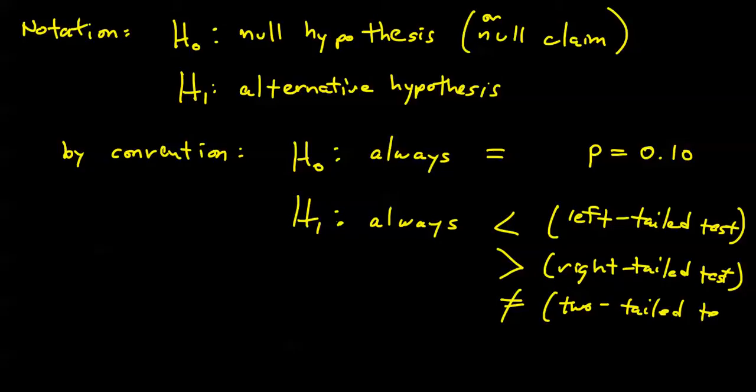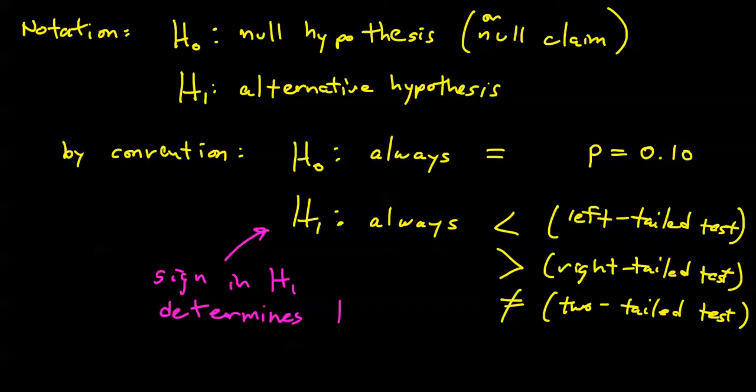So please note that the sign in H1, let me write this down, the sign in H sub 1, or the alternative claim, determines the type of hypothesis test. Either right-tailed, left-tailed, or two-tailed. Okay?